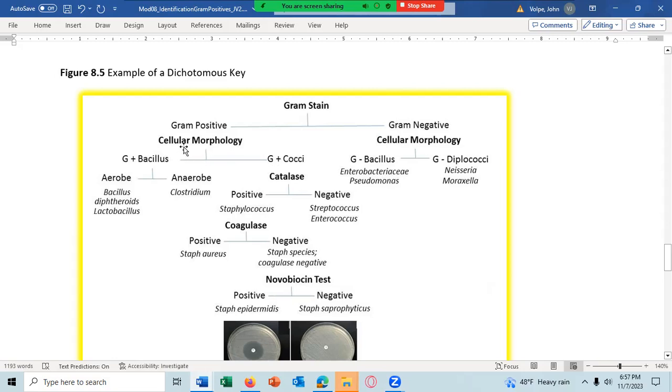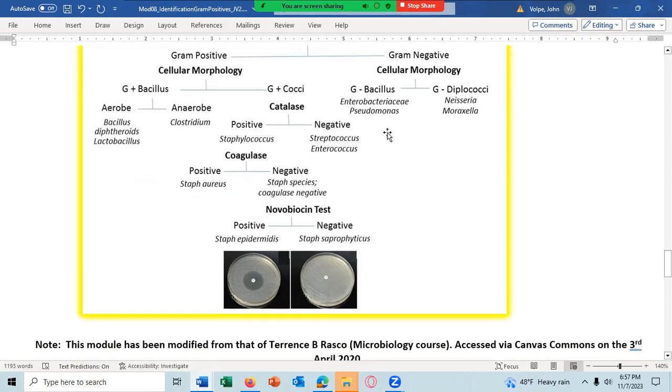It's not gram-positive bacillus, so we cross that one out. We then follow the gram-positive cocci. And one test we can do is the catalase test. So the gram-positive cocci can be catalase positive or catalase negative. If it's catalase positive, it's Staphylococcus. If it's catalase negative, it's either family Streptococcus or Enterococcus.